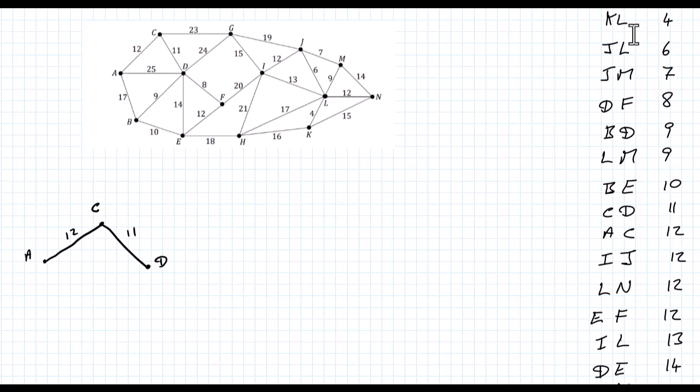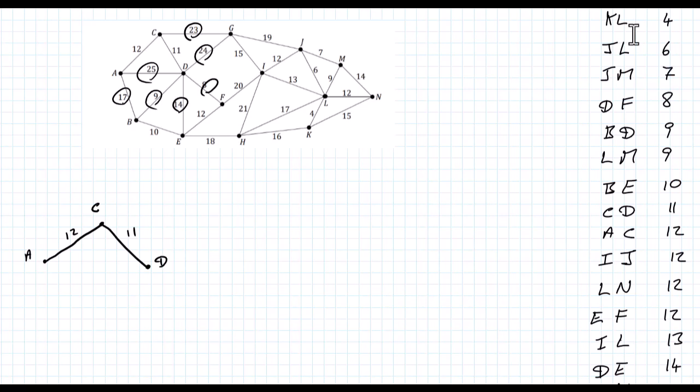So now you've got to do the same thing again, look for the minimum weight from any of these nodes. So from A we have 17, we have 25, we have 23, from D we have 24, 8, 14 and 9.